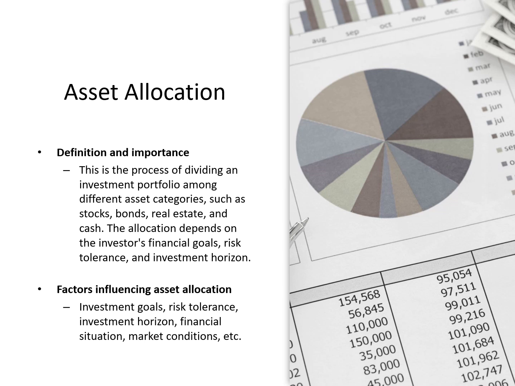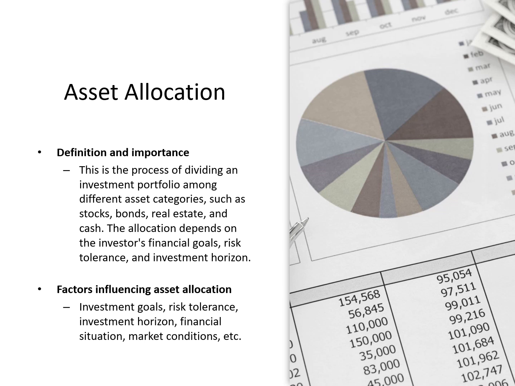So asset allocation. This is a process of dividing an investment portfolio among different asset categories: stocks, bonds, real estate, cash, fine art, jewelry, all types of asset classes. And how do you determine what your asset allocation is going to be?